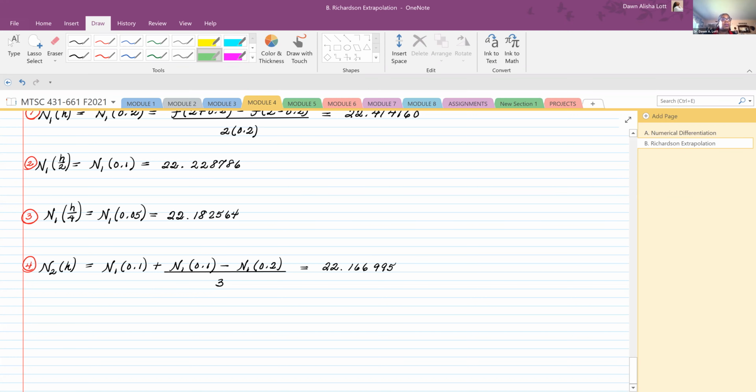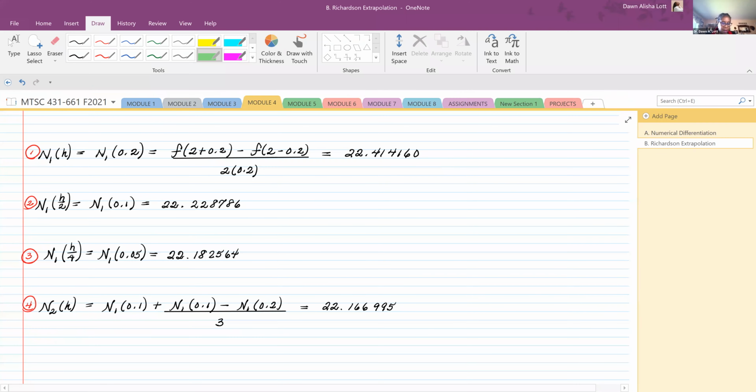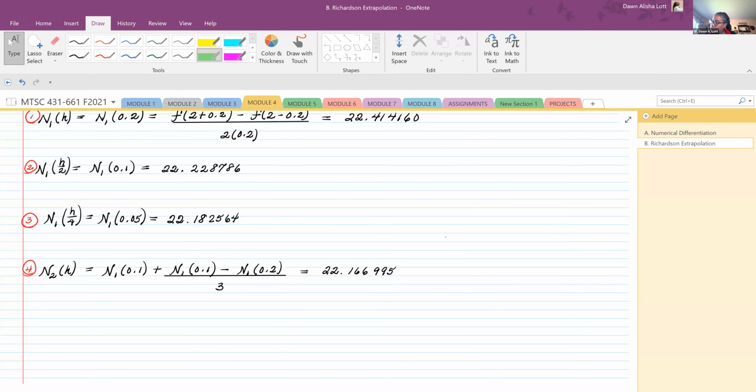So next, so that was number 4. And now in order to do N2, so now number 5, I need to do N2 of H over 2. So that's N2 of 0.1.